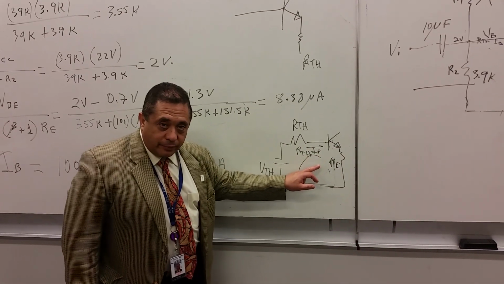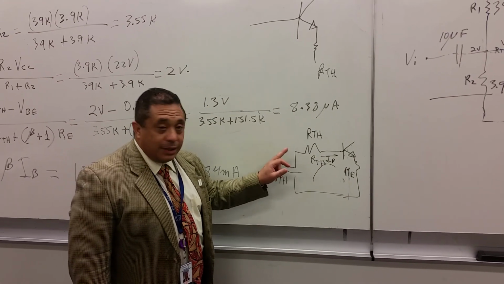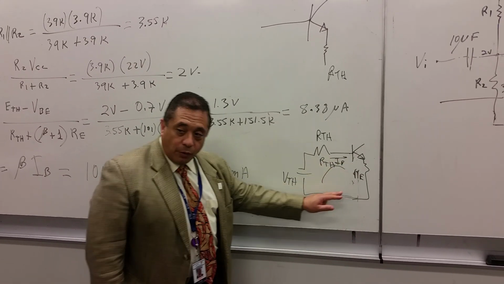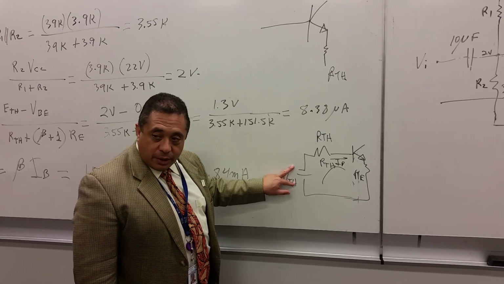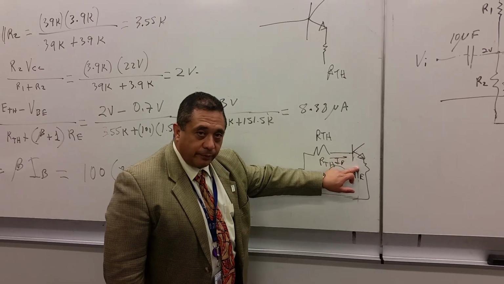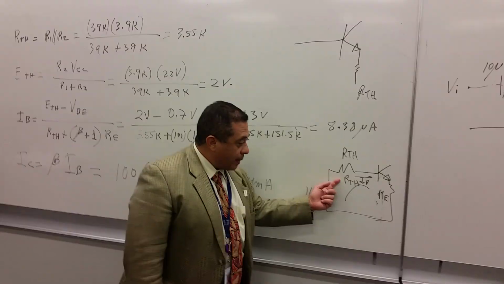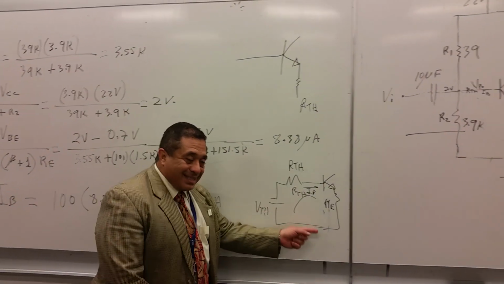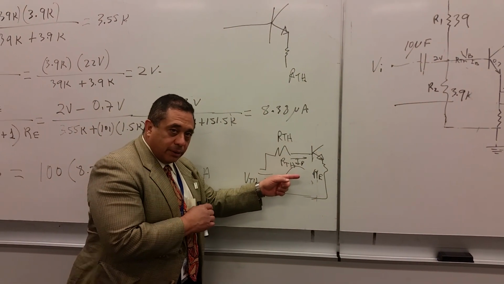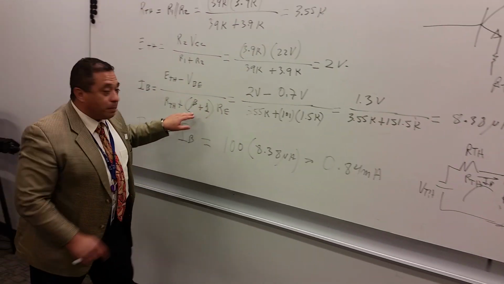Again, the current at the base is equal to the total voltage in this circuit divided by the total resistance of the circuit. The total voltage is the Thevenin voltage minus the 0.7 volts of the base-emitter junction. The total resistance is R Thevenin plus the resistance that reflects back to this circuit from the emitter, which is RE multiplied by beta plus 1.